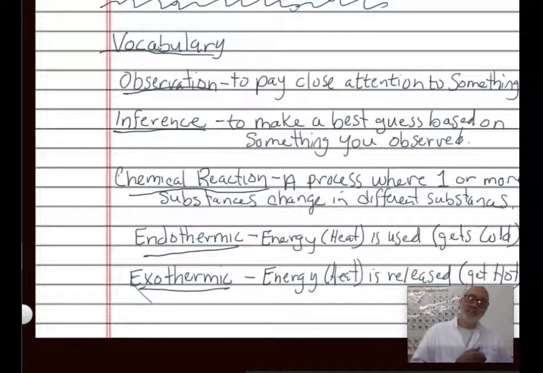Exothermic is energy, that heat, is released by the reaction, and the reaction will get hot. We're going to actually see one of these, endothermic or exothermic, when we do this reaction. So put the video on pause, and I'll be right back after I set up our demonstration.